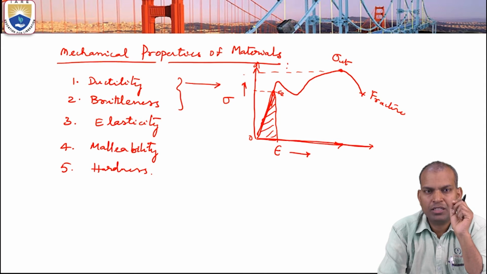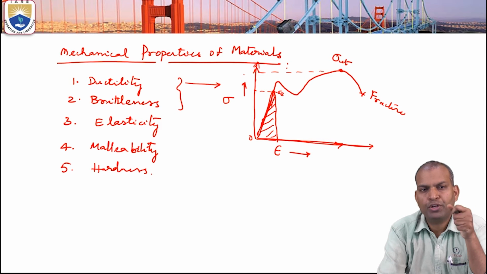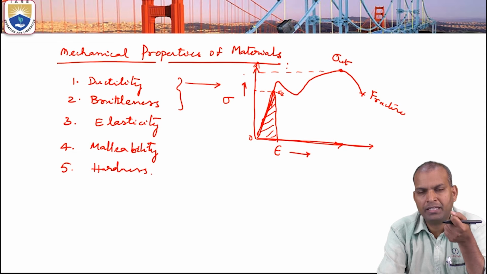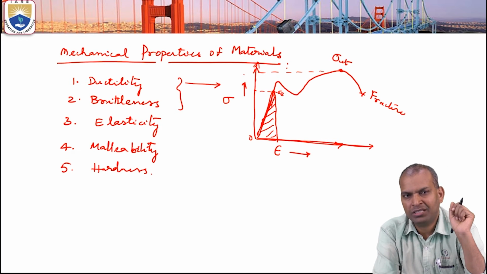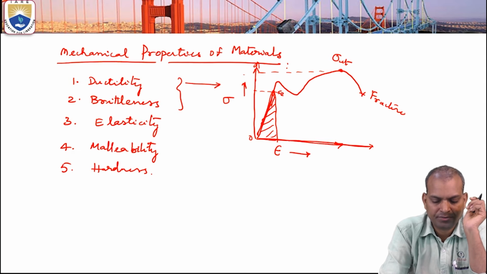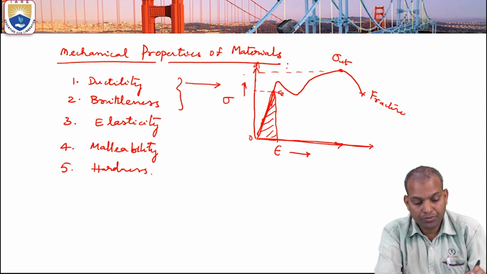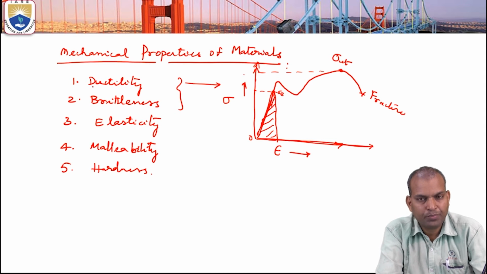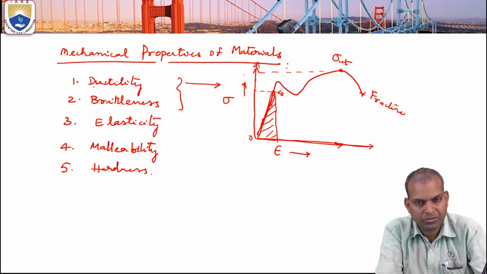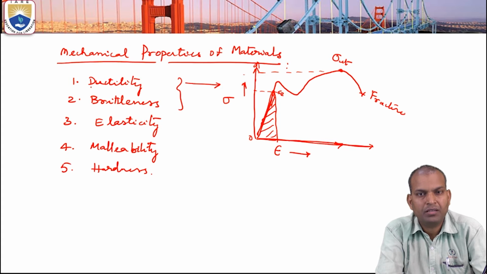So under cyclic load, if the load is applied within that limit, when the load is applied there will be a strain. If you remove the load, the strain goes back, it becomes zero strain. This cyclic load within that limit is known as the elastic limit. Now, gold has the property of ductile nature, that's why it is deformed for a limited length.